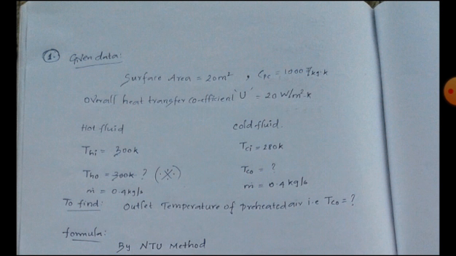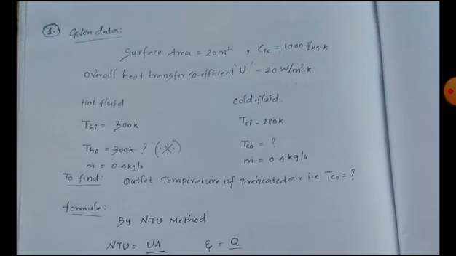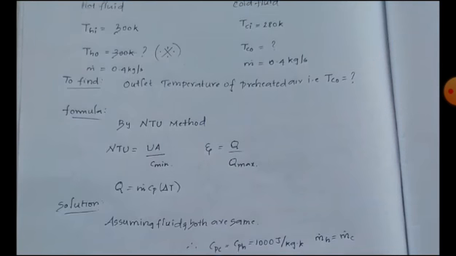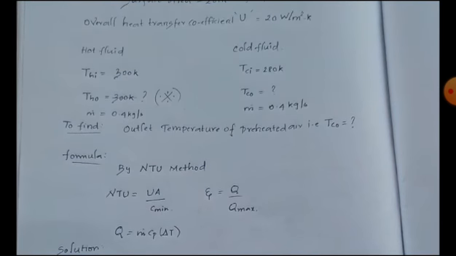Hence we have to read carefully and take the given data carefully. The given temperature of the hot fluid is the inlet temperature. The mass flow rate for both fluids is the same, and they gave the specific heat capacity of the cold fluid alone. Here we assume both fluids have that specific heat value. We have to find T C out.